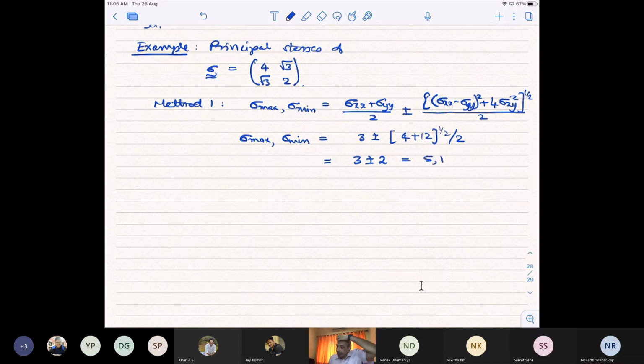So sigma max is 5 and sigma min is 1. So this is if you use the old method.